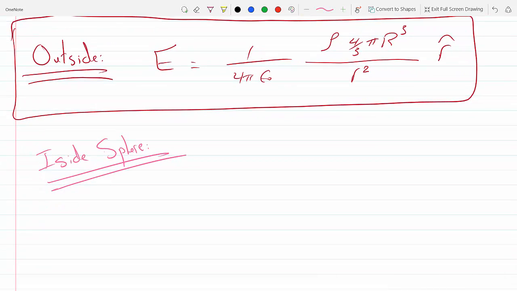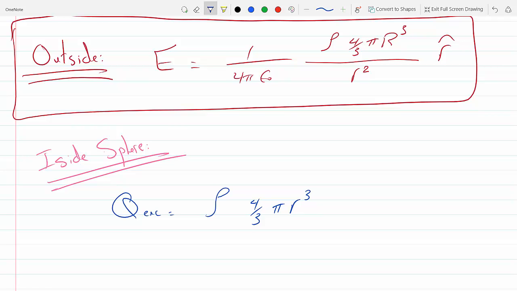So wherever you are, Q enclosed will be rho times 4/3 pi r cubed, depending on where you are.